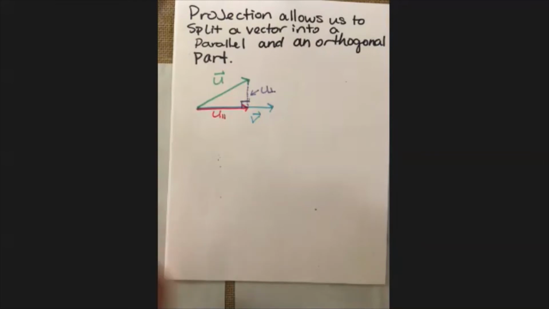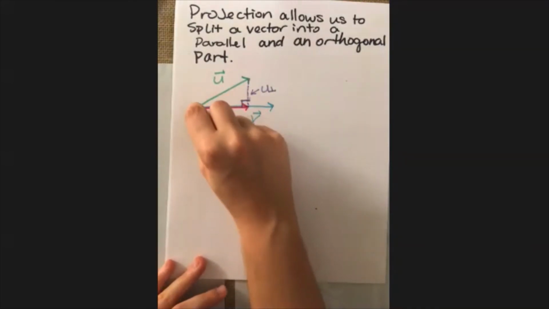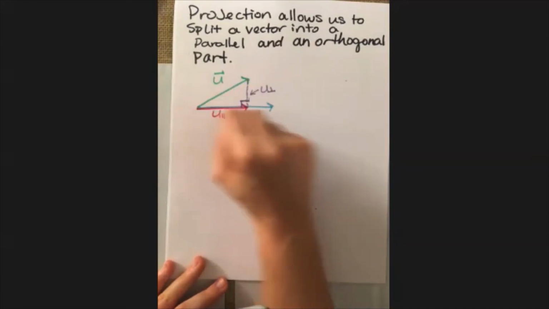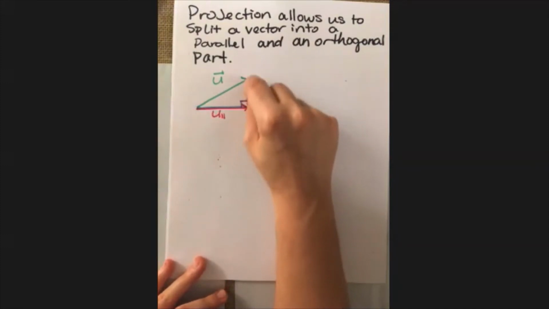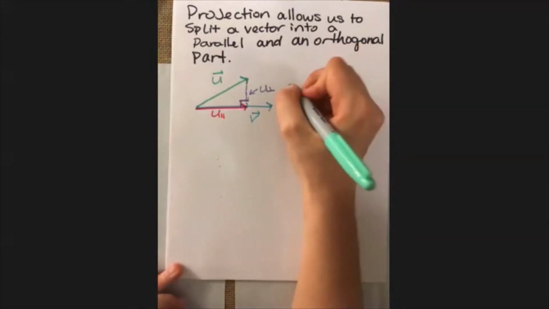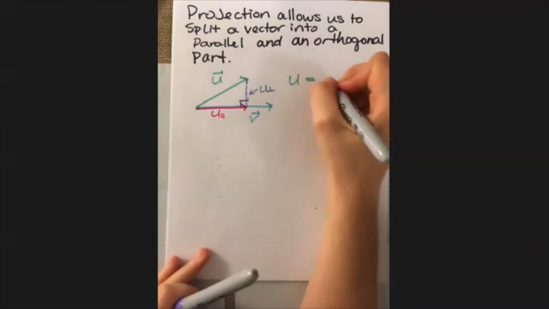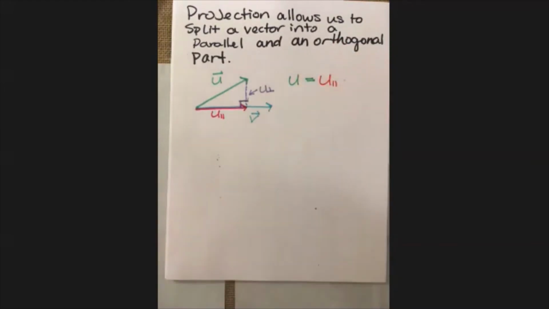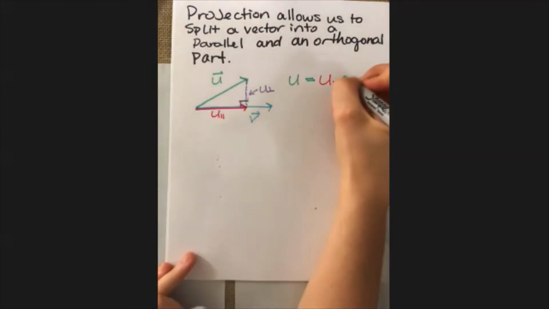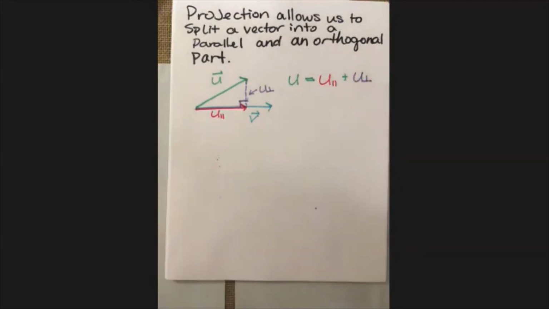Notice that since this vector goes from the beginning of this one to the end of this, this vertical part right here, we can consider u to be equal to that projection plus the orthogonal part.